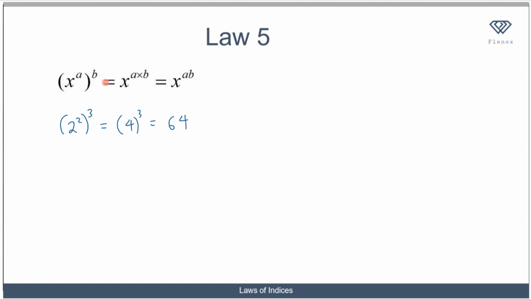But with the law of indices, I can solve it more directly. Instead of going through this, I can just multiply the exponents together. So this is the same thing as saying 2 raised to the power 2 times 3, which is equal to 2 raised to the power 6, and 2 raised to the power 6 is equal to 64.